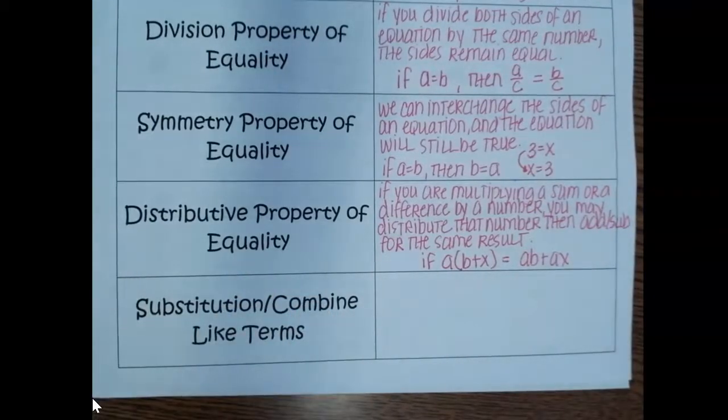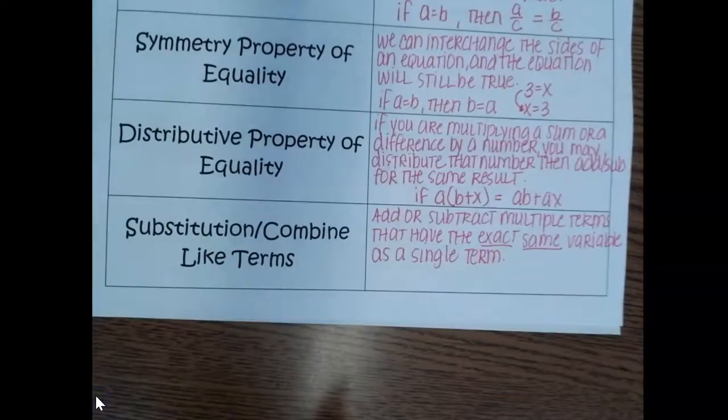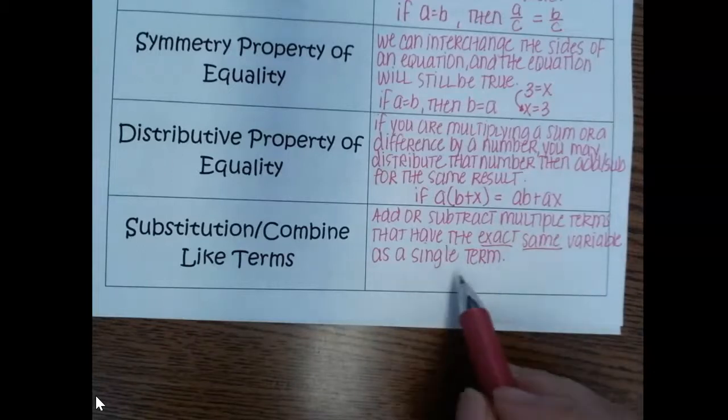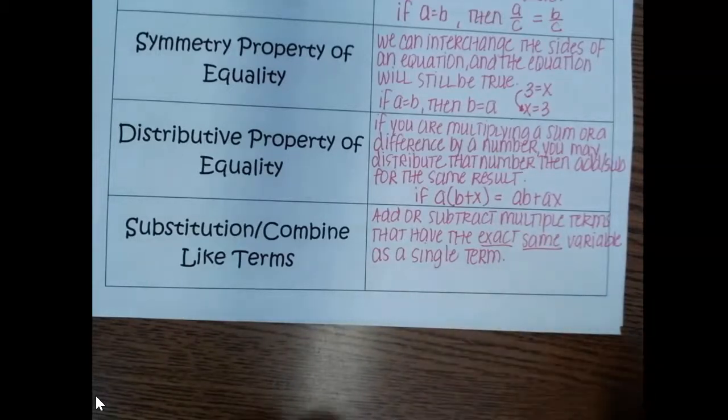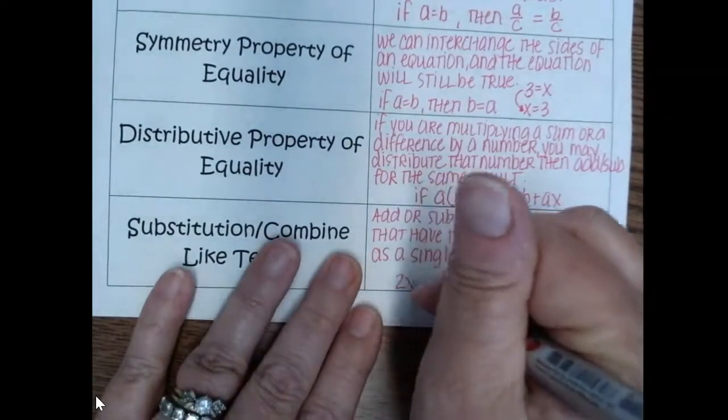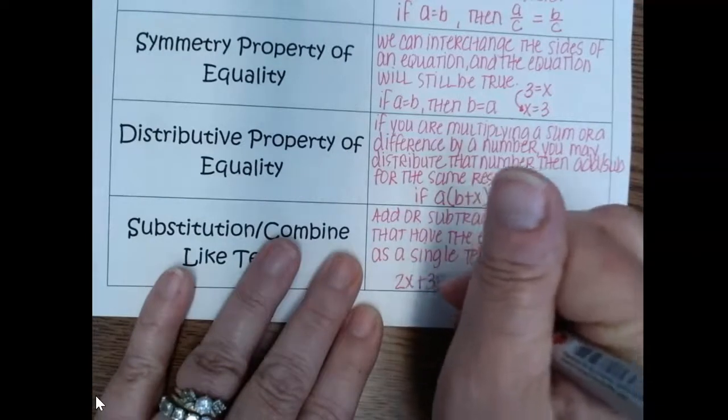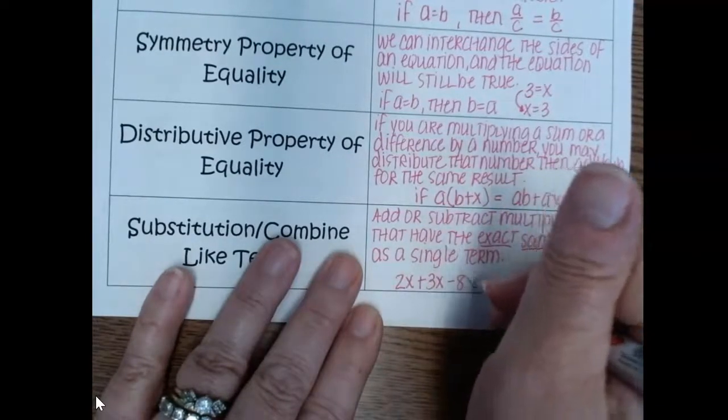Okay? And our last property that we want to look at is our substitution or combining. Our substitution property says you're going to add or subtract multiple terms together if they have the exact same variable to rewrite them as a single term. So say we had 2x plus 3x minus 8x.